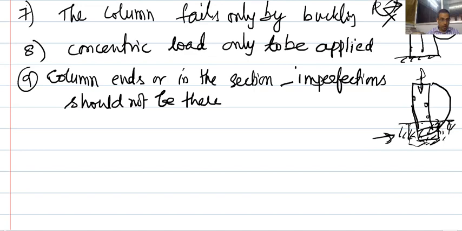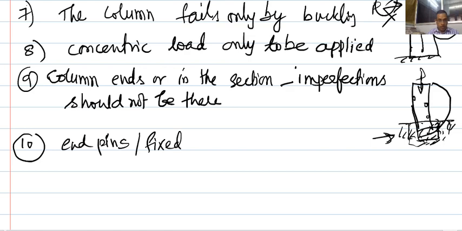Then the last important assumption is that the end pins are so made that the column is free to buckle about any axis of the cross section. The end pins, or whatever fixtures you made, those sections should be so perfectly made that the column is free to go any direction it wants.